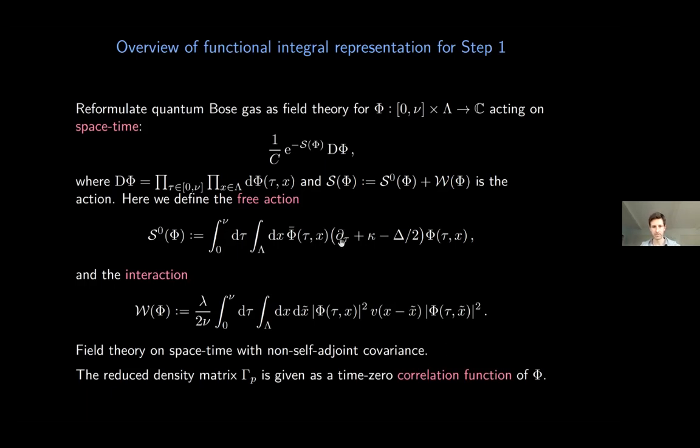So you have a field theory where even the free theory does not have a self-adjoint covariance. This is an anti-self-adjoint part. I mean, it's normal, these things commute, but it's not self-adjoint. Formally, you can compute then all of these quantities like the reduced density matrices, and they are just correlation functions of this field at time 0. This is a very nice little calculation one can do.